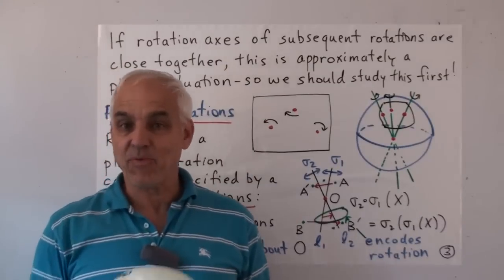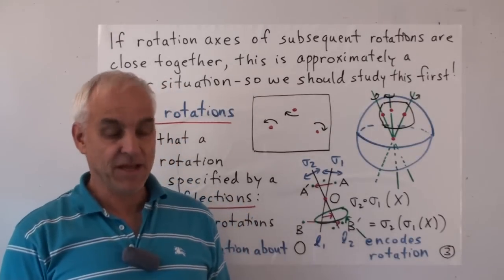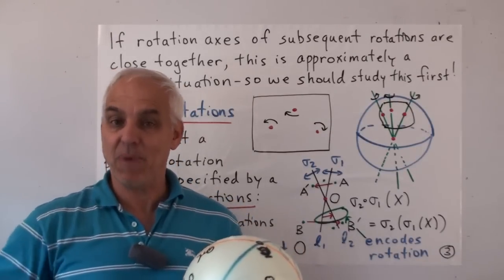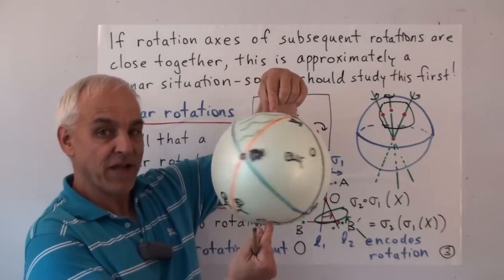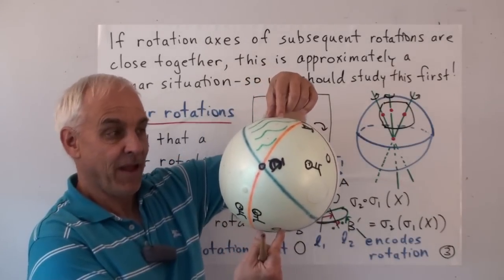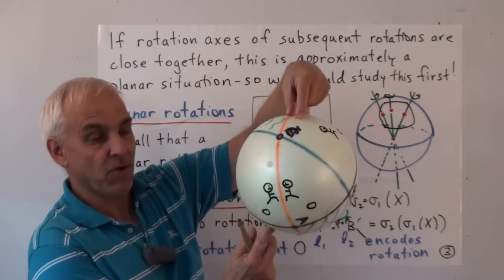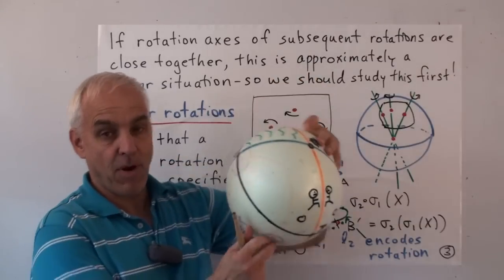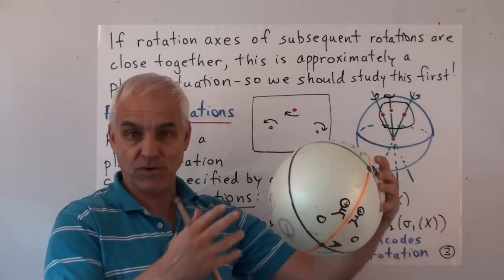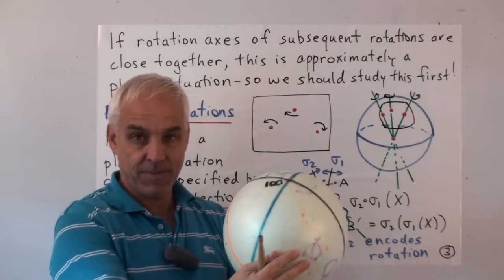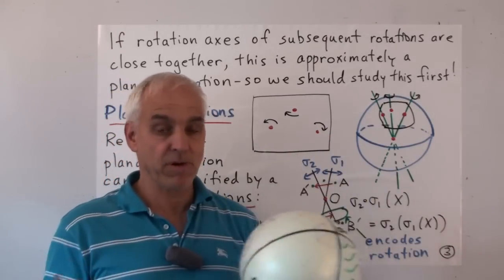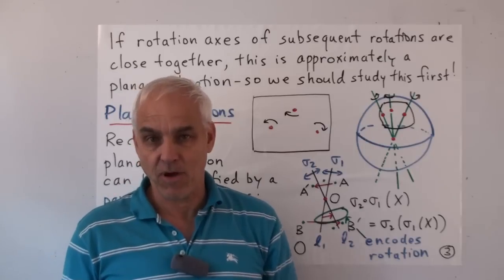So one of the main problems in the subject is to describe what happens when we combine rotations. In other words, we have one rotation about one axis, and then perhaps followed by another rotation about another axis, and we want to consider the composition of those two transformations, one followed by the second. That's a very important practical and theoretical problem.